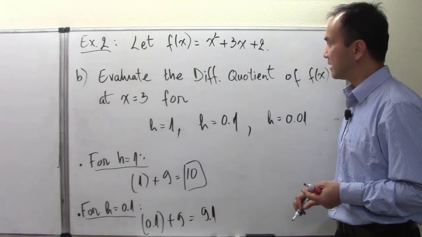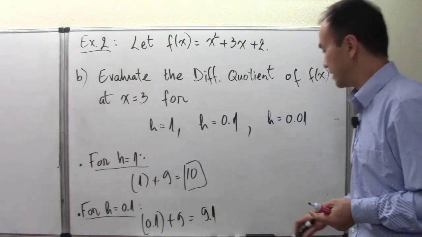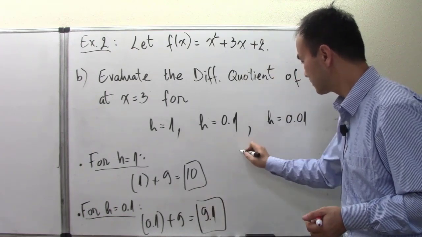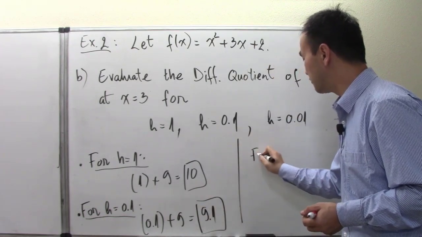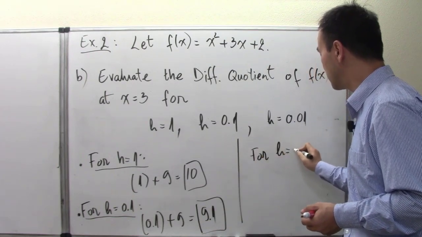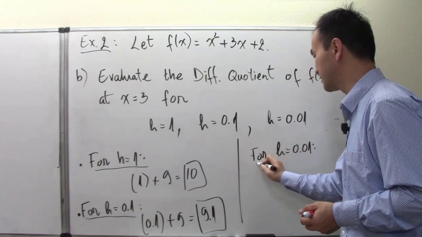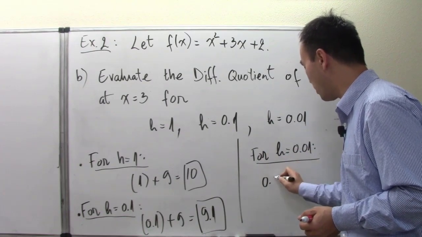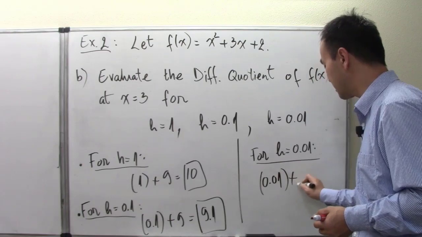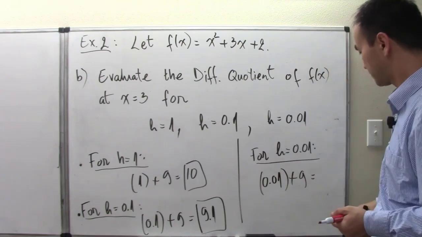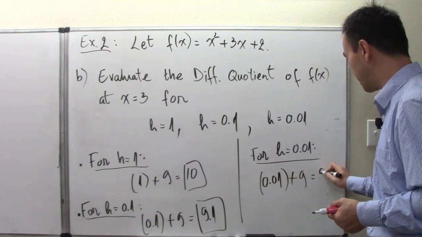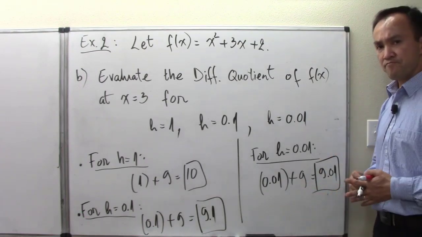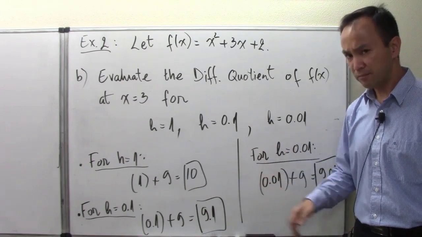And then for the next one, for h equals 0.01, it's going to be 0.01 substituted for h, and we're going to add 9, and that gives me 9.01.